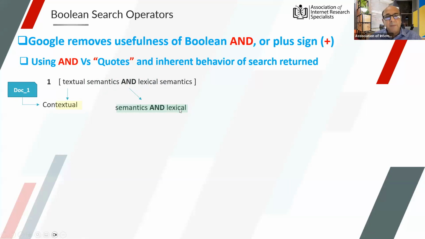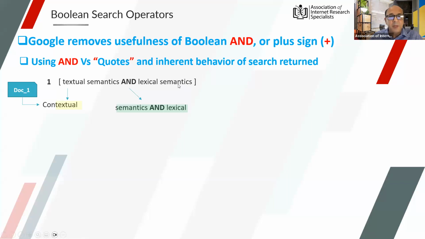Okay. What is the behavioral limitation of any of these Booleans? They treat the letters, objects, or words in their closest vicinity on either side as having precedence for being found, over the words on the extremities, like semantics and textual.